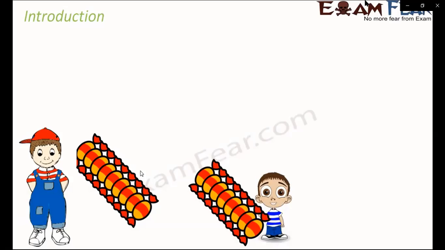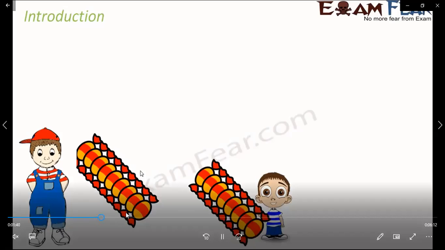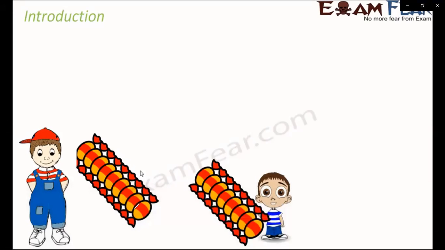We will start with the first one. We can count how many sweets he has: 1, 2, 3, 4, 5, 6, 7, 8, 9. So I have 9, and I can denote this by the letter S.